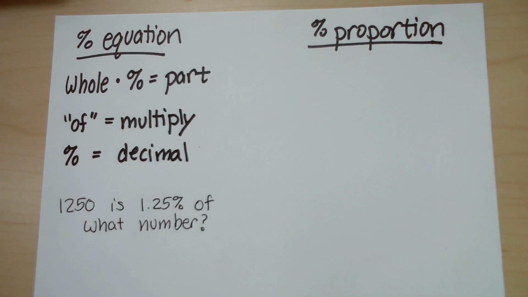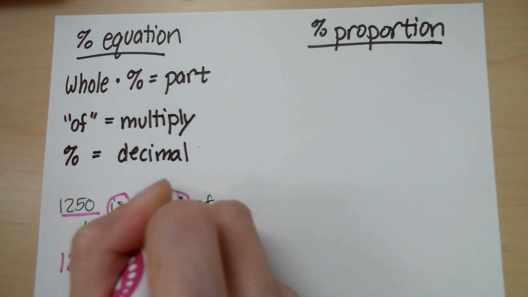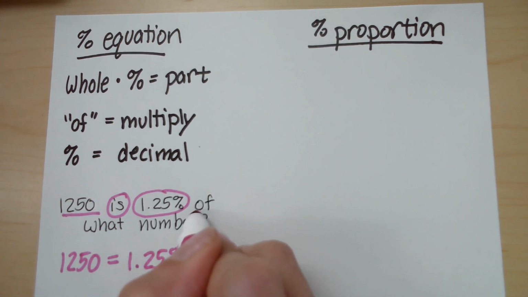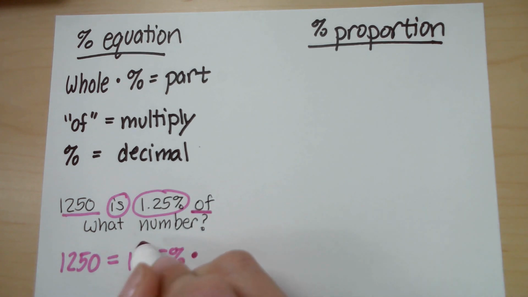So I'm going to rewrite this. 1250 is my first number, so I'm going to start with that. Is my keyword, that means equals 1.25%. For now, I'm going to write it as a percent, but I know eventually I'm going to need to turn it into a decimal to work out my answer. So 1.25% of is multiply.